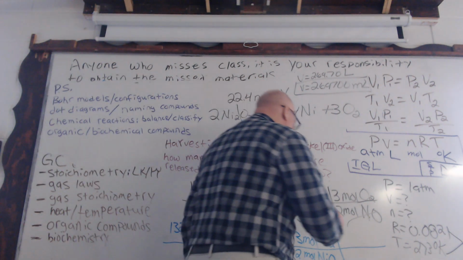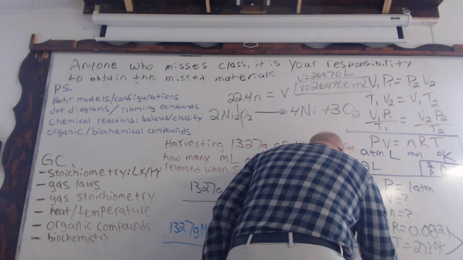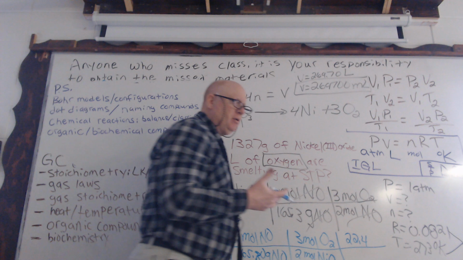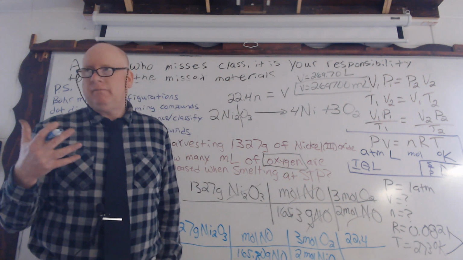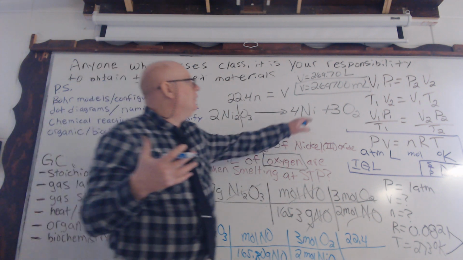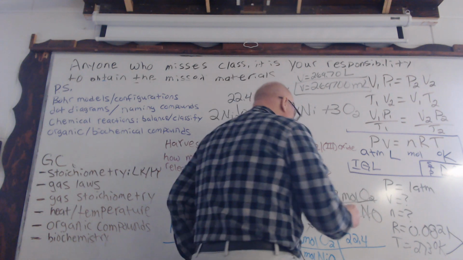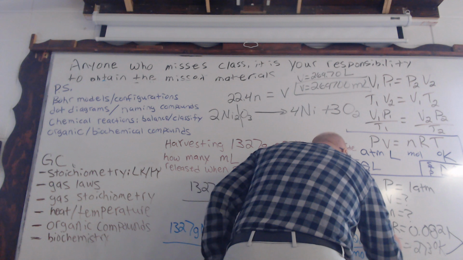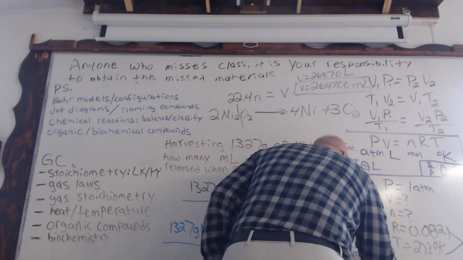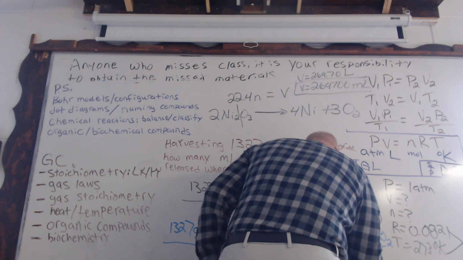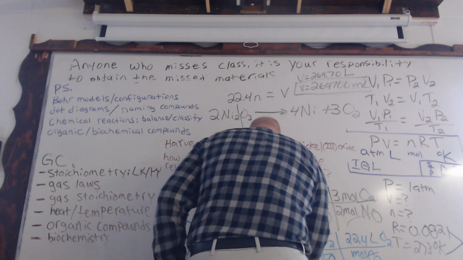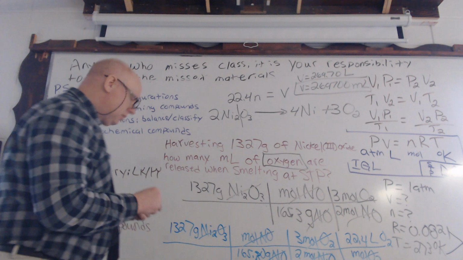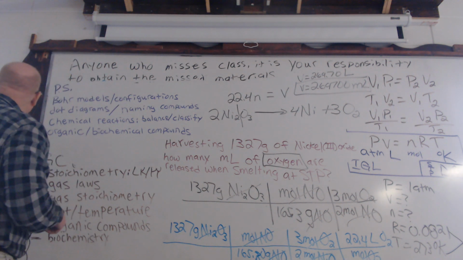Okay, so if we put 22.4 here, now you could combine two steps into one and say 22,400 because we're looking for milliliters, but we'll just leave this as 22.4 liters for every mole of O2. Okay, those have canceled. Everything's gone except for our liters of O2.